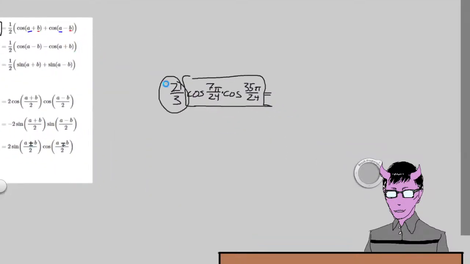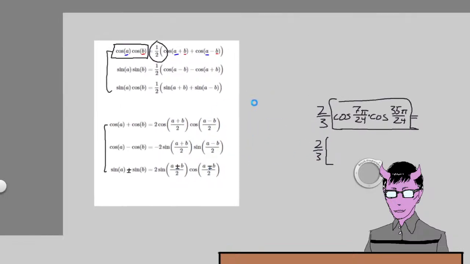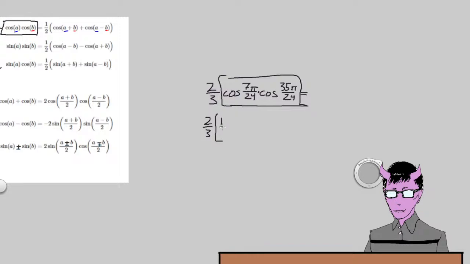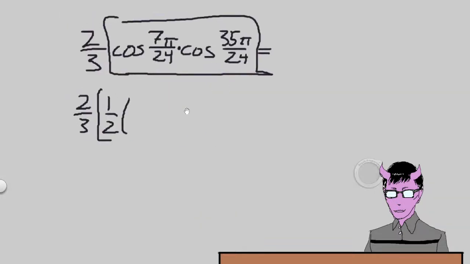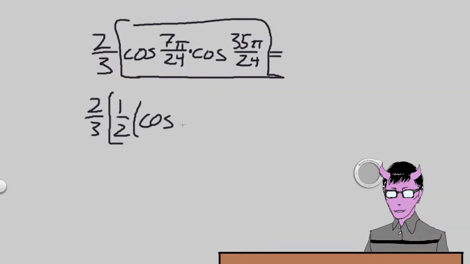Alright, so copy paste the 2/3 first. Apply the algorithm to that one, so put the 1/2 from the algorithm. Parentheticals, cosine of a plus b plus cosine of a minus b. So everything's cosine. So a plus b first. So what is that? 7 plus 35 is 42.